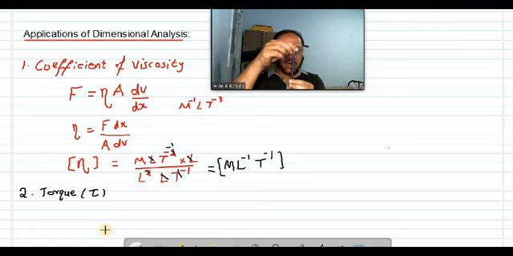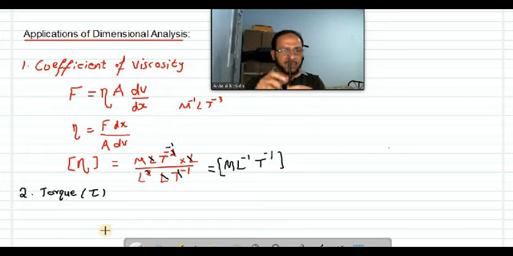Torque is given by the product of one of the forces and the perpendicular distance between the two lines of action of the forces. Here the length of the pen is the perpendicular distance between the two lines of action.